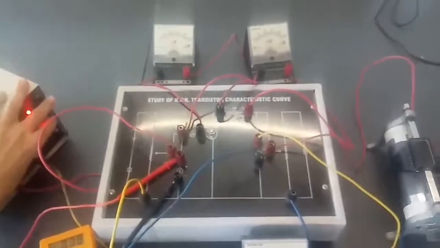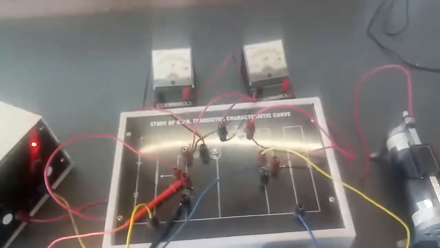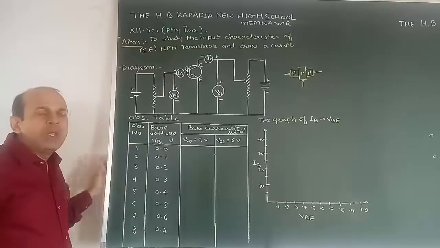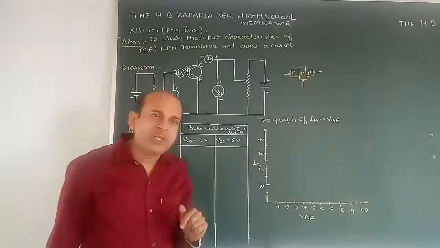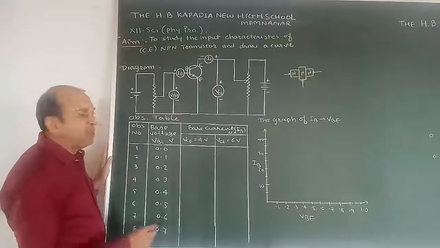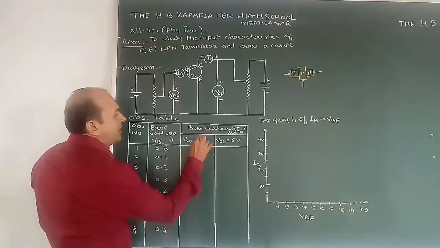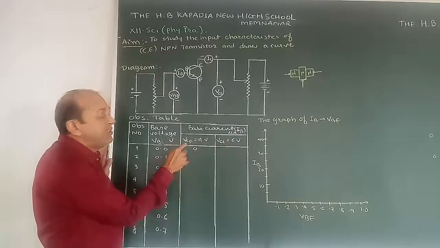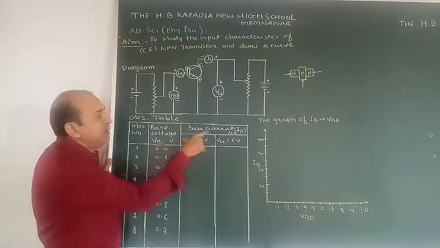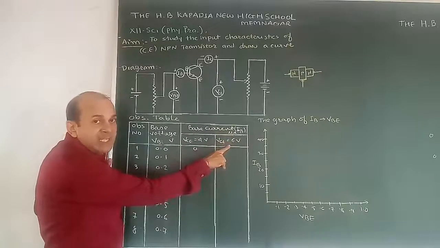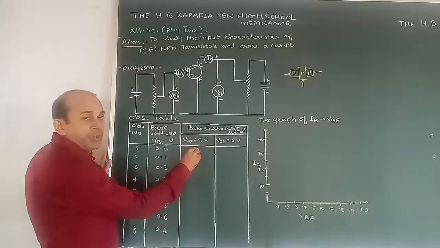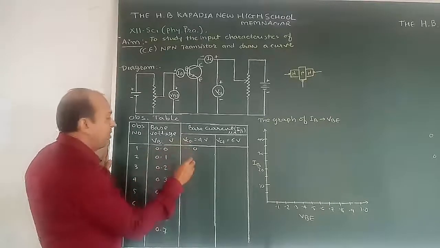So let me note down these readings in the observation table. For the base voltage 0, the current is also 0. These two columns show when VCE is equal to 4 volt, what is the value of IB, and when VCE is equal to 6 volt, what is the value of IB. For 0 volt, current was 0.